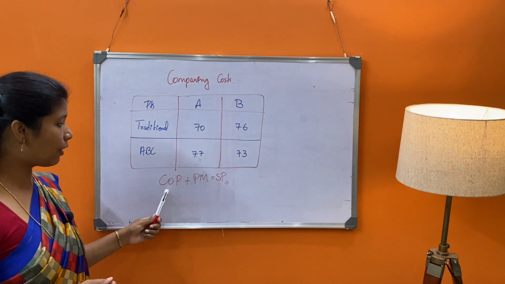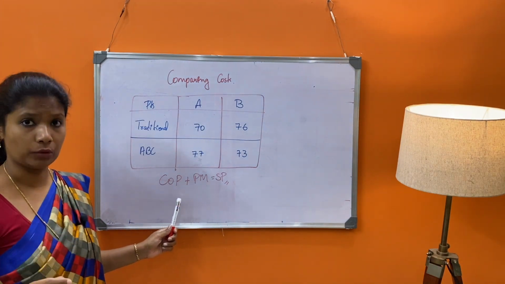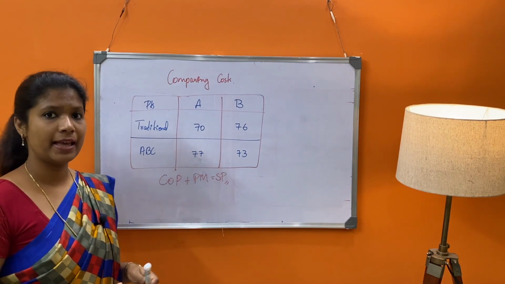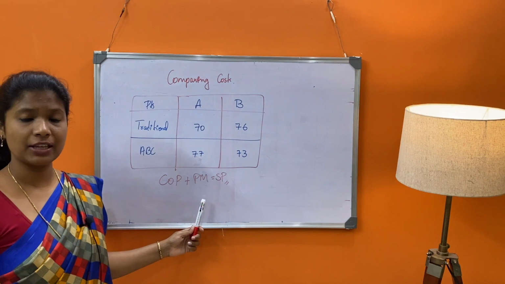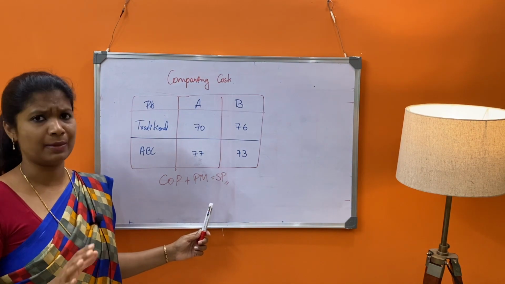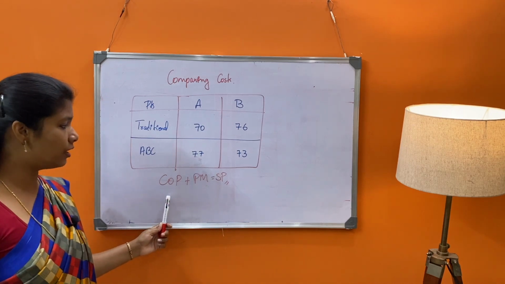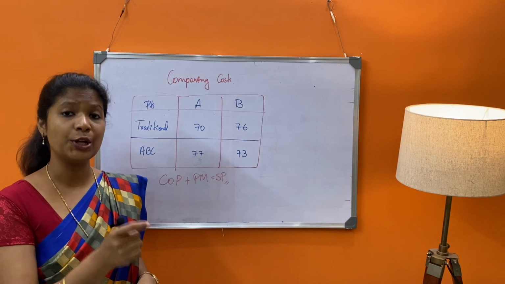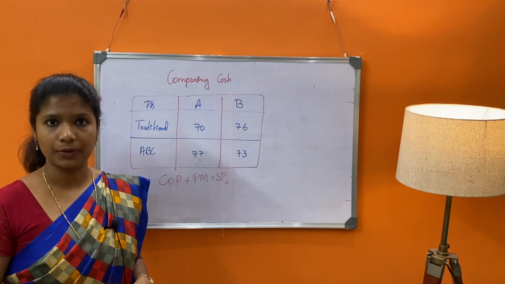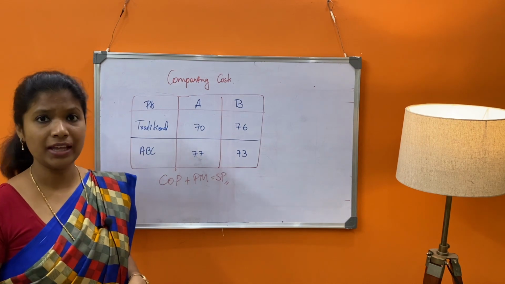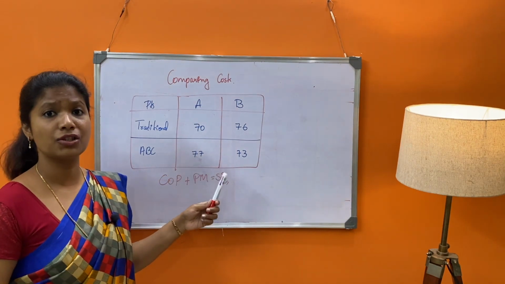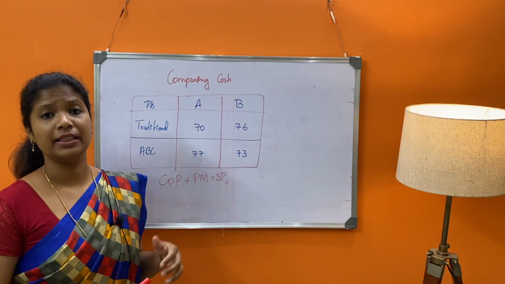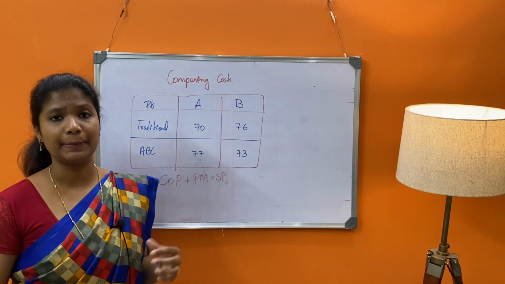So depending upon whether my cost of production is right or wrong, I add my profit margin, and that will derive my selling price. The profit margin I am not going to change, because let's say it's 10% or 20% on my investment. But if the cost is wrong, then my product in the market will be priced wrongly, or not correctly priced. Ultimately this costing method is going to impact my selling price, and selling price is directly related to the performance of the company or the profits of the company.